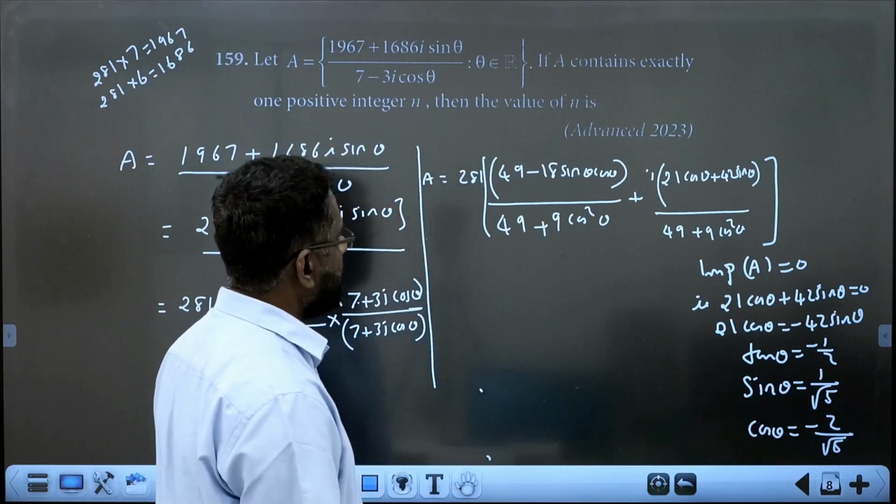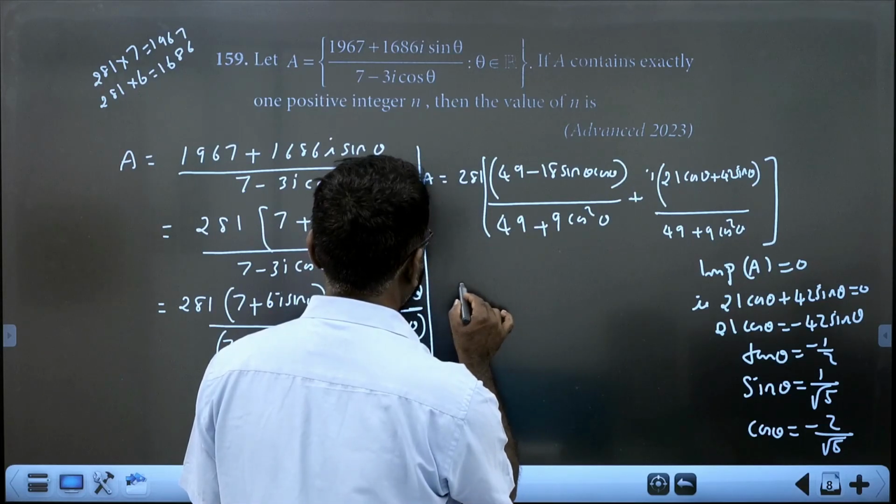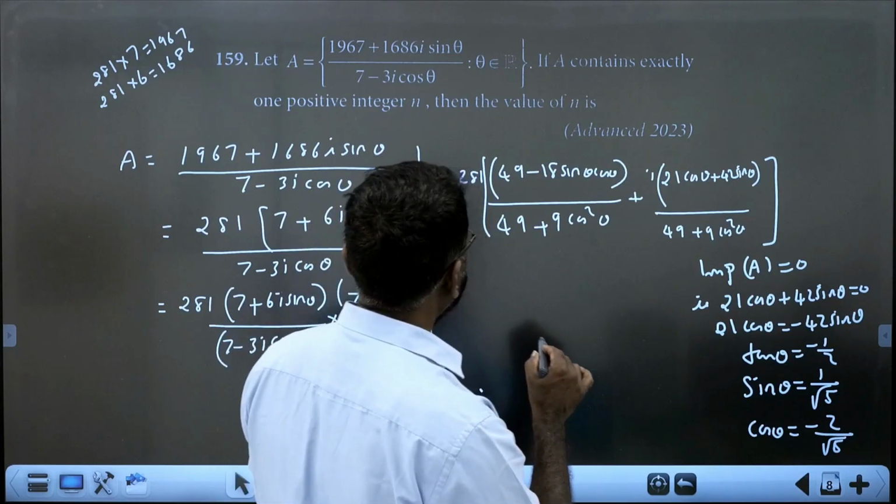Okay, then what is the real part of A? We have to find out the real part.